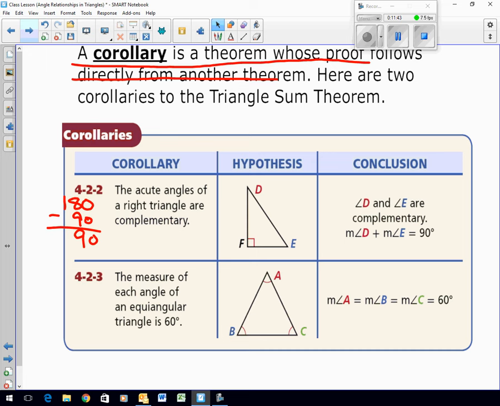The measure of each angle of an equiangular triangle is 60. What does equiangular mean to you think? All of the angles are equal. How many degrees are in this triangle? Oh my gosh. How many degrees are in this? 180.